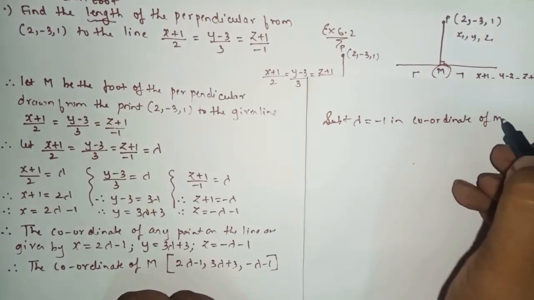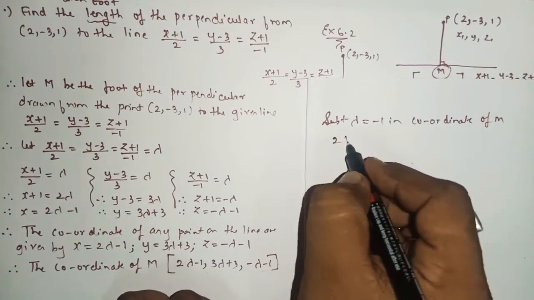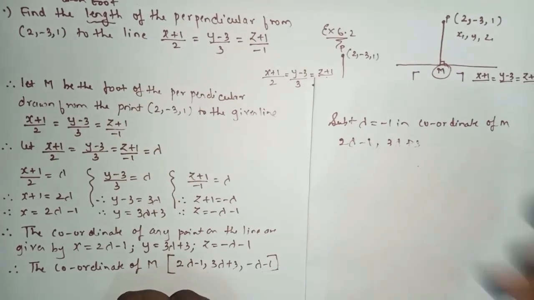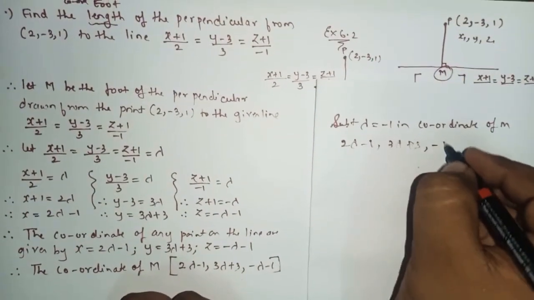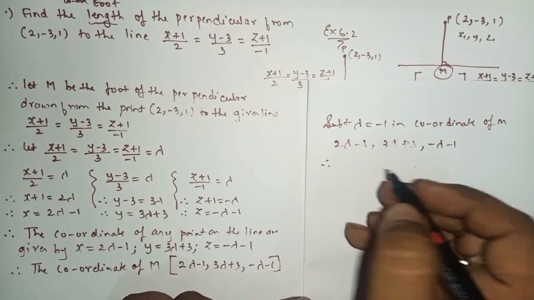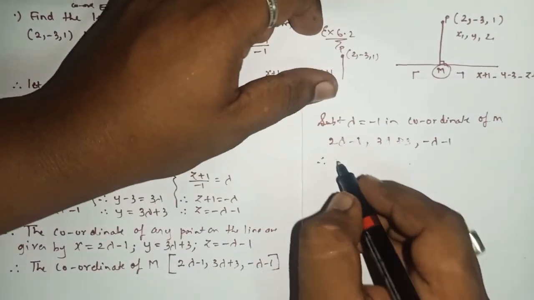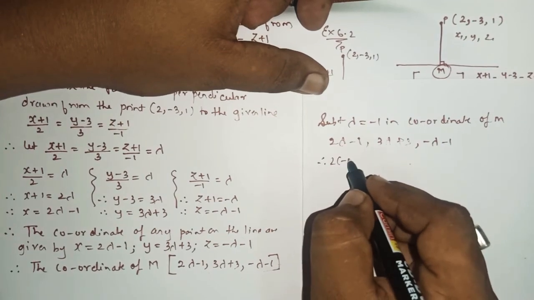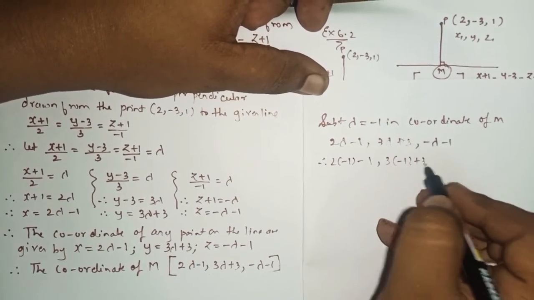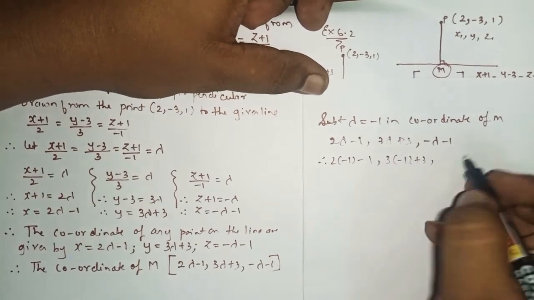So what was the coordinate of M? It was 2 lambda minus 1, 3 lambda plus 3, minus lambda minus 1. So lambda is minus 1, so this will be 2 minus 1 minus 1, 3 minus 1 plus 3.